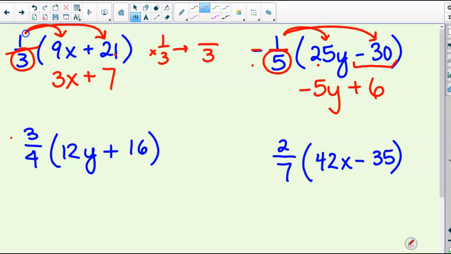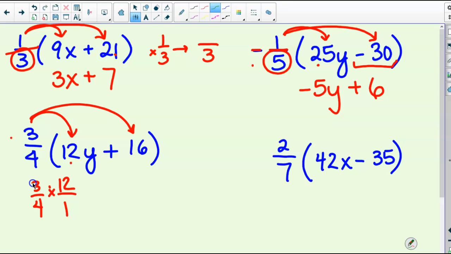When I distribute and multiply it out, just to show you the steps, 3/4 times 12, I can think of that as 12 over 1, and you can work the fractions out this way. 3/4 times 12 over 1, I can cross cancel. 4 goes into 4 once, 4 goes into 12 3 times, and then multiply across the top and across the bottom. And that's with my y here.